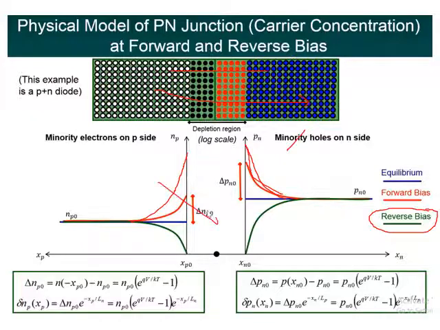So forget about this red color part, we have already studied it. Now concentrating on only the green color part, right? Now if I apply the reverse bias, what will happen?